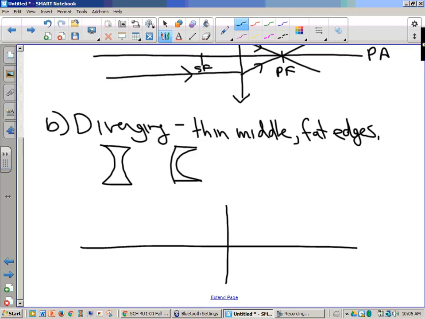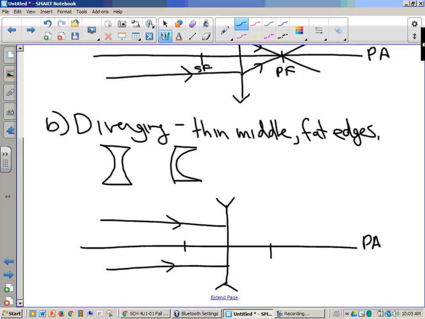I'm going to put that there. This time the arrows go the other way. I'm going to put my 2 marks there. Again, I'm just estimating. Got to be kind of equal distance. Going to have a PA. I'm going to have some rays of light come in.